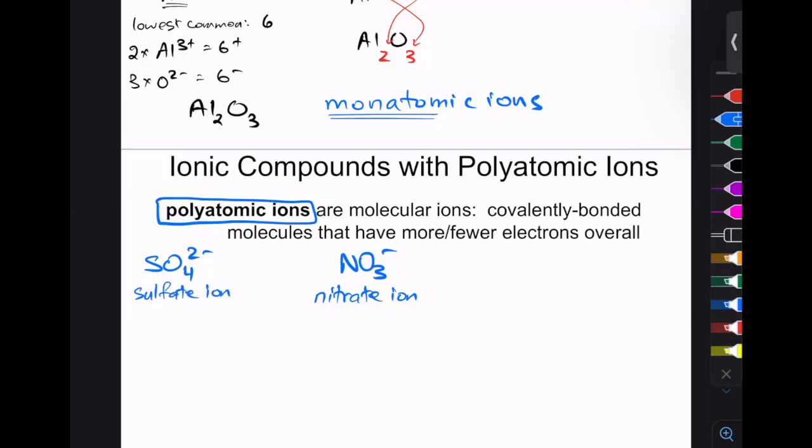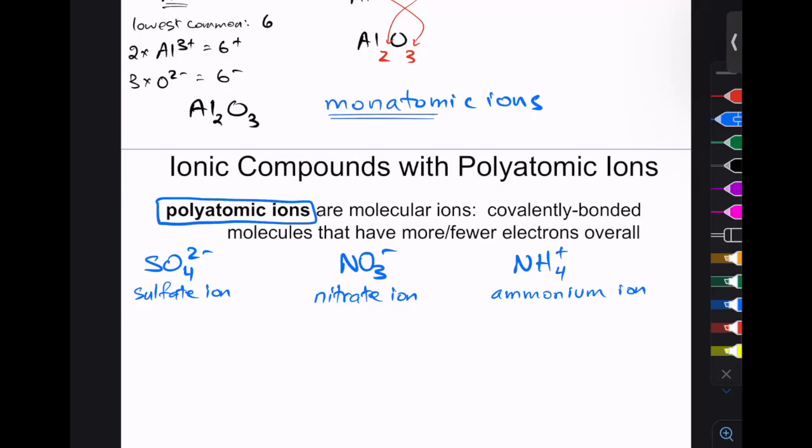You'll be seeing something else from time to time. Not all of these are negatively charged. Here's one that has a positive charge. This is called the ammonium ion. Okay, these are all molecular ions. I don't need to write it down again. There's a nice definition for you.